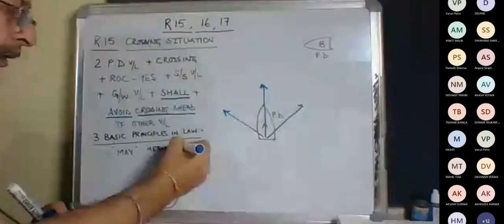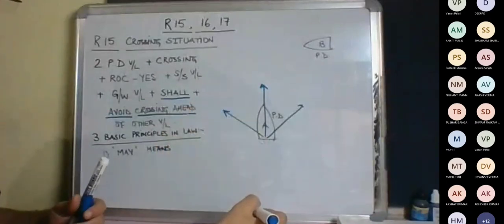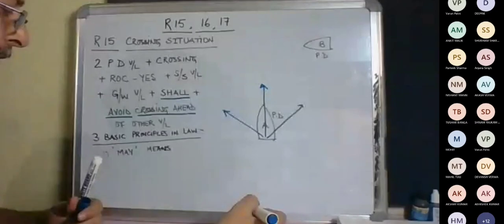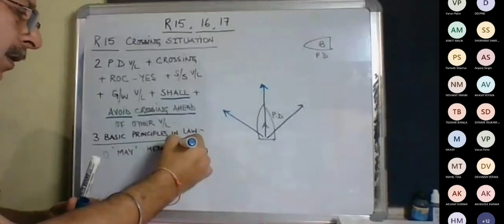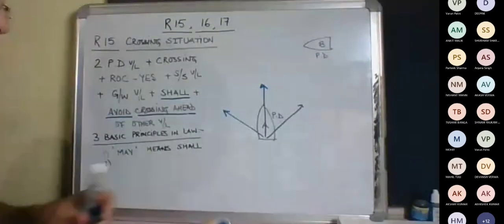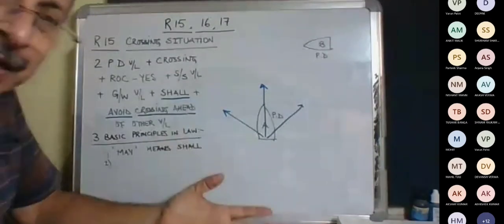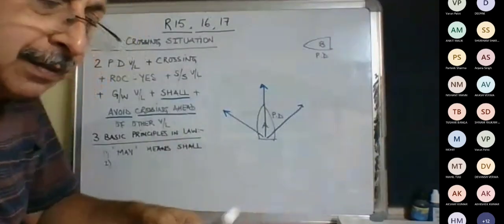The word may in law, okay, does not mean the English word may, that you have a choice. It means shall. मतलब मैंडेटरी है. You may do this, मतलब you shall do this. मैंडेटरी है, ऑप्शन नहीं है.